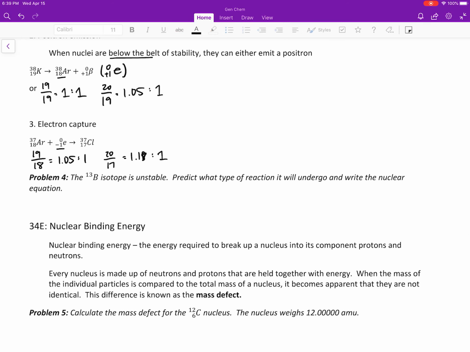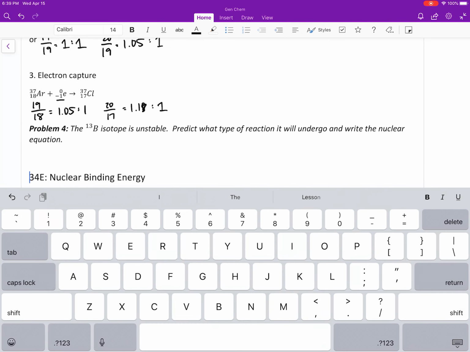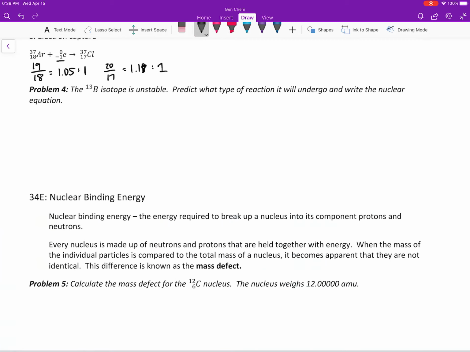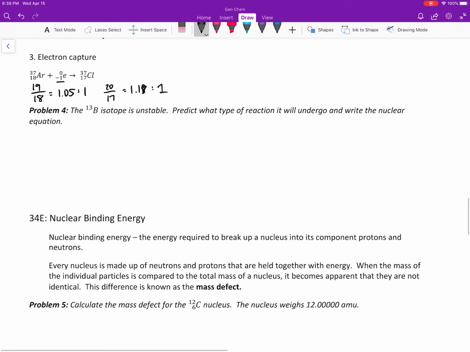Let me insert some spaces here. All right, so this says the boron isotope 13. So this is boron 13. And just to remind y'all, sometimes the little number doesn't show up here because the atomic number doesn't change, so there's no reason to really specify it.